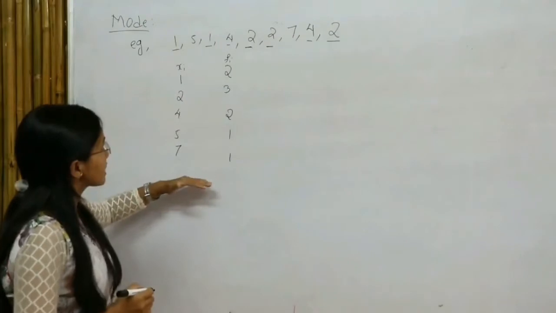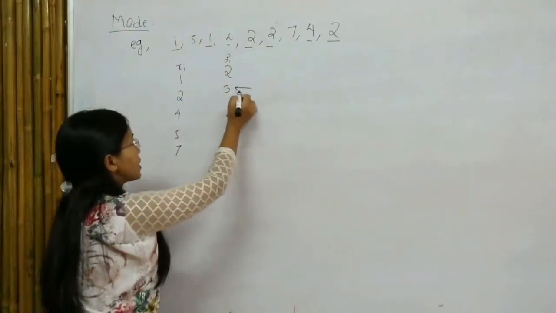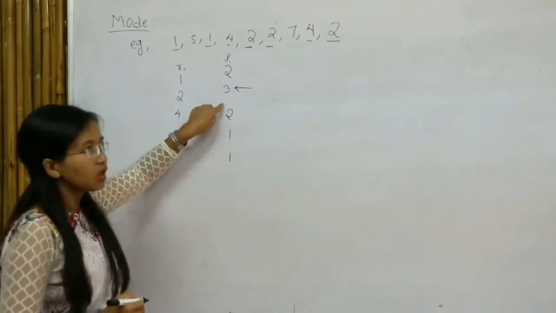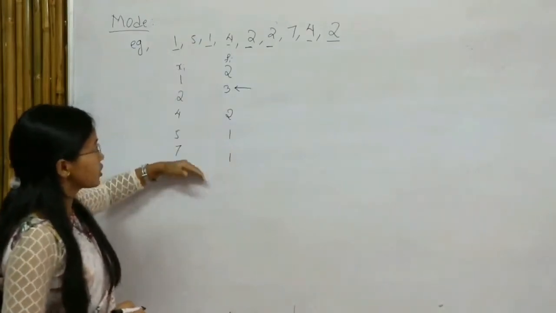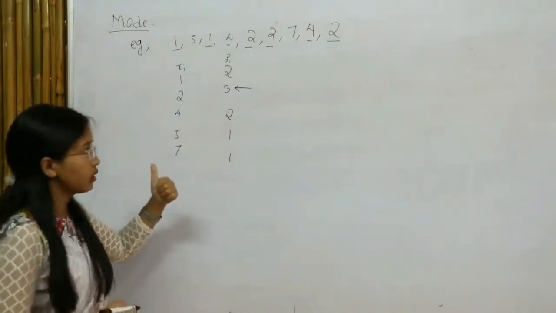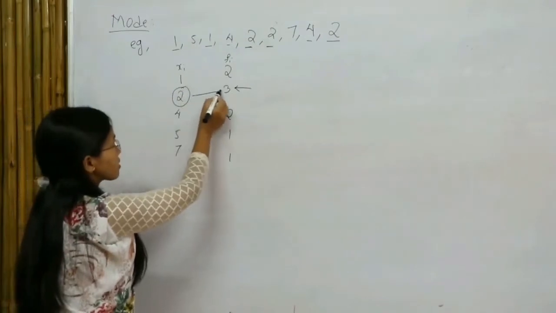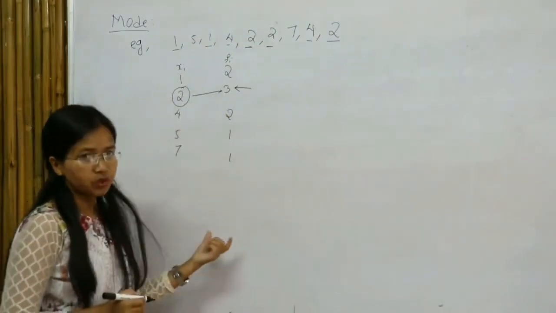When we observe from this frequency table, the maximum frequency is 3. So the observation which has maximum frequency is called the mode. So what will be the mode in this case? The mode is 2, which has the maximum frequency.